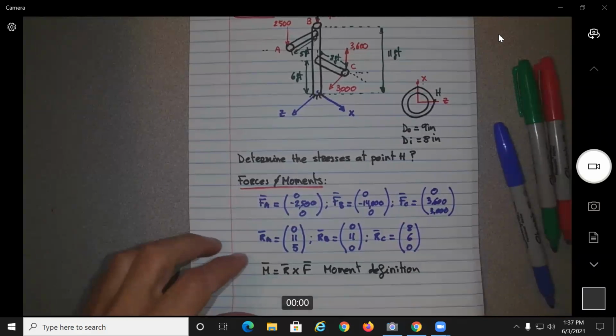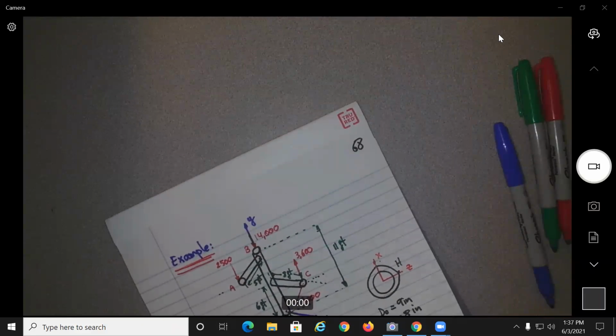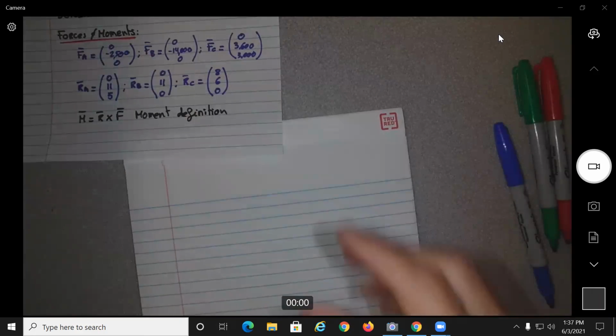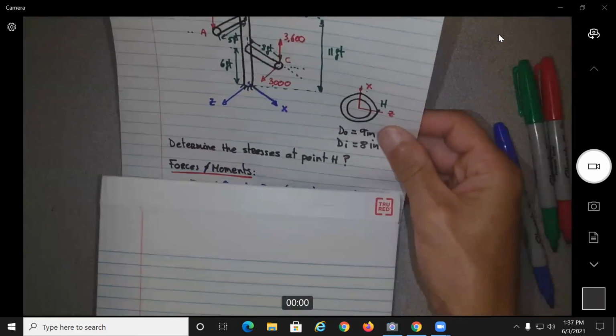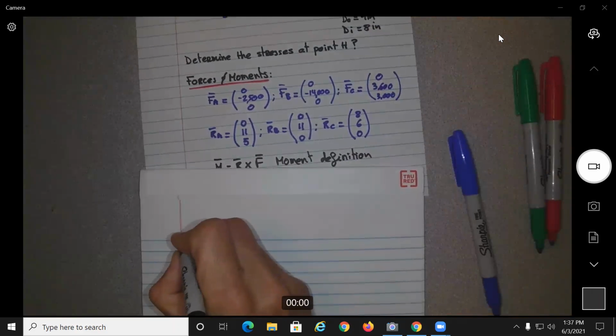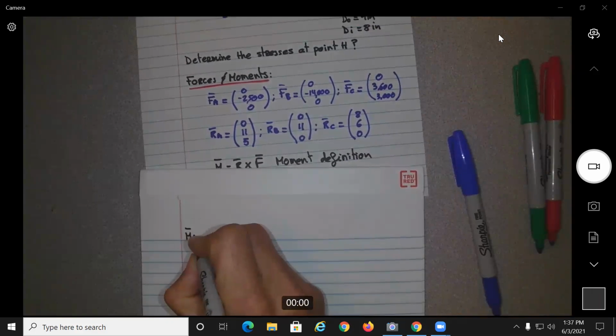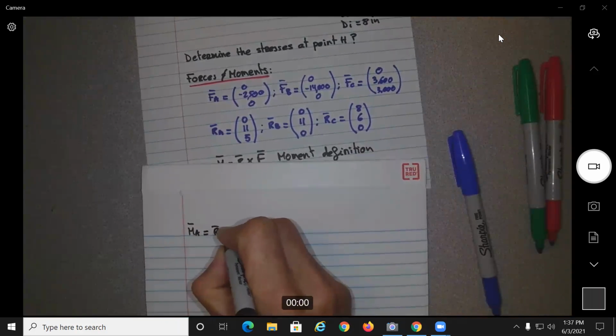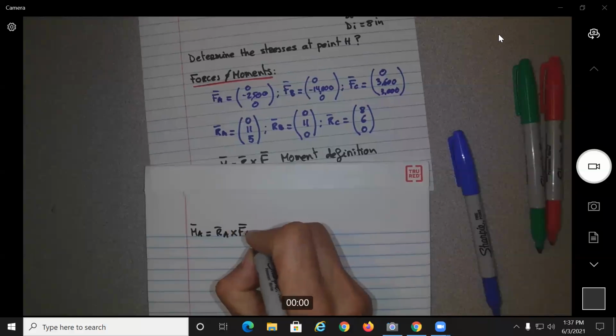Okay, so now we can just let the math give us the answer. But let's not forget to follow the common sense over here. Okay, we have the figure. So we have the moment created at point A. The moment at A will be equal to R sub A cross F sub A.